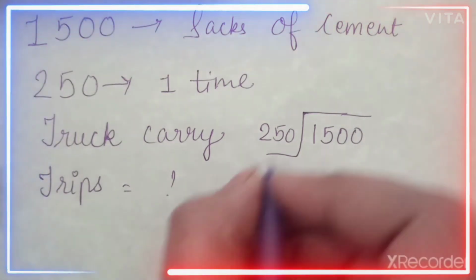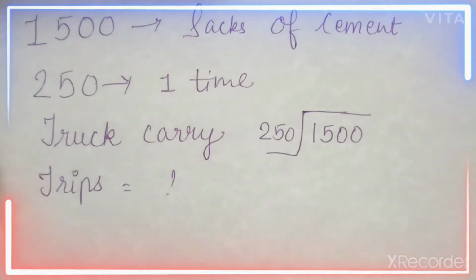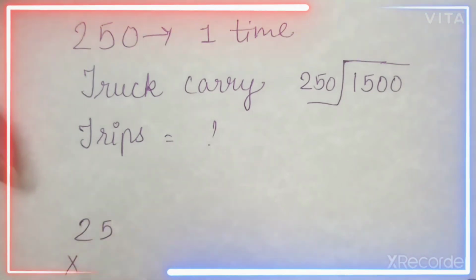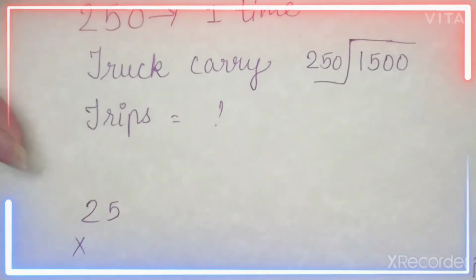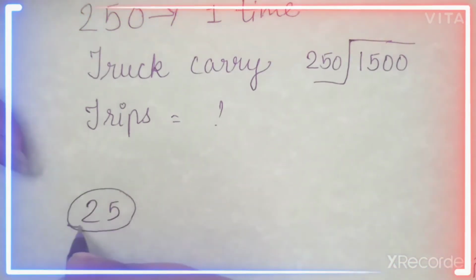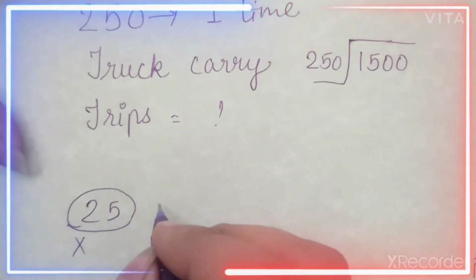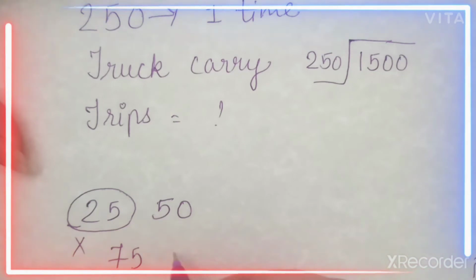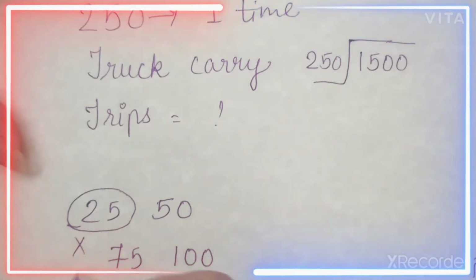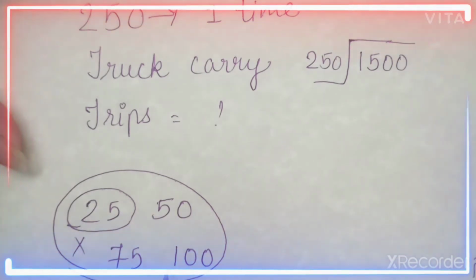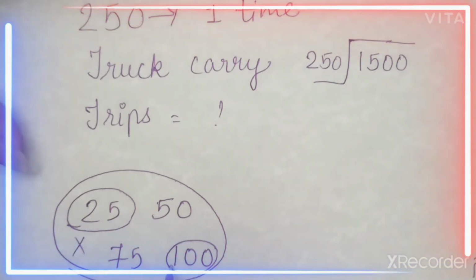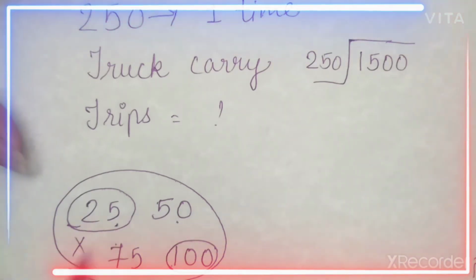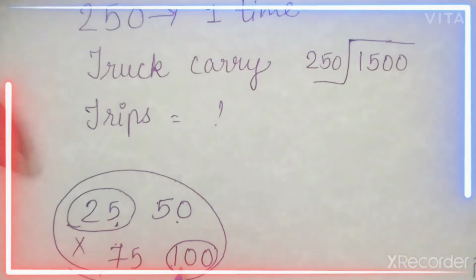Simply you will do, forget this 0 and multiply these numbers with the help of the table of 25. As you know, 1/4 is 25 and half is 50. 3/4 is 75 and the whole 100. 25 into 2 it's 50, 25 into 3 it's 75, 25 into 4 it's 100.